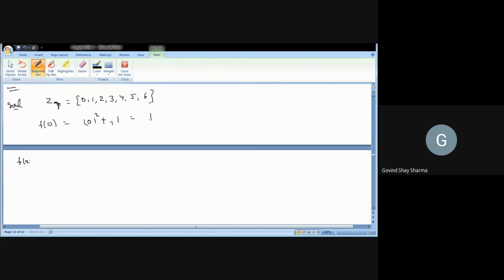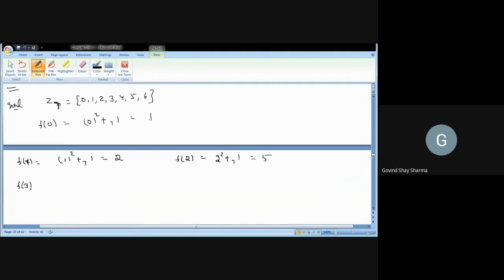F1 is equal to 2. F2 is equal to 2 square plus 1, which is 5.